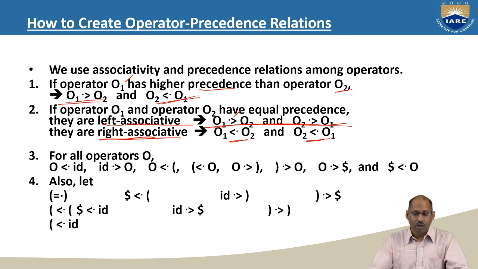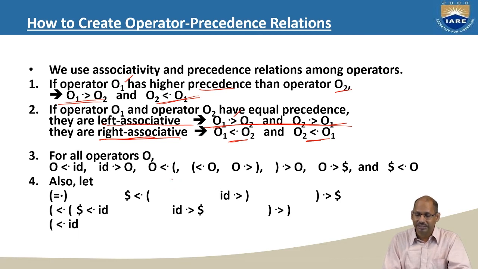Then for all operators, O represents all the operators. Always O is less than ID, and ID is greater than operators. ID has higher precedence.